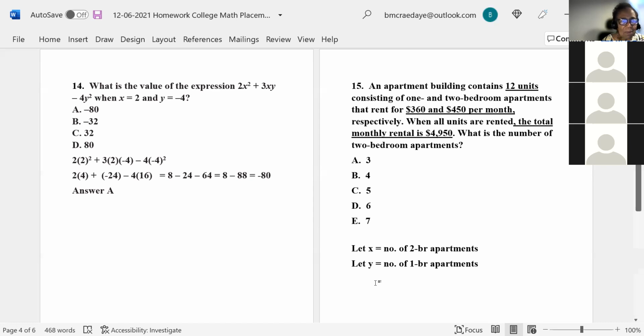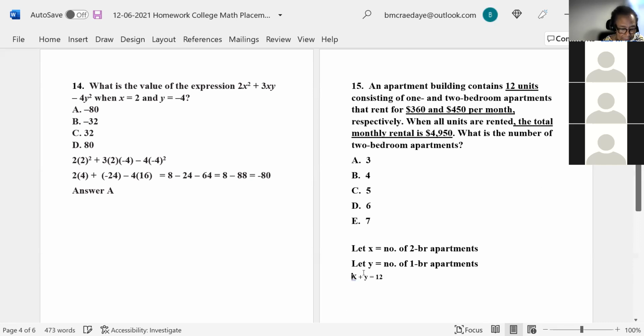Okay. Now, using X and Y and 12, what did you write? The number of two-bedroom apartments plus the number of one-bedroom apartments is equal to 12. So X plus Y equals 12. All right.